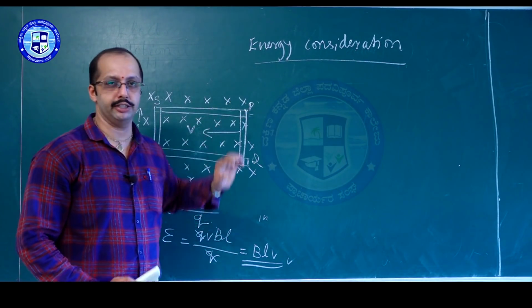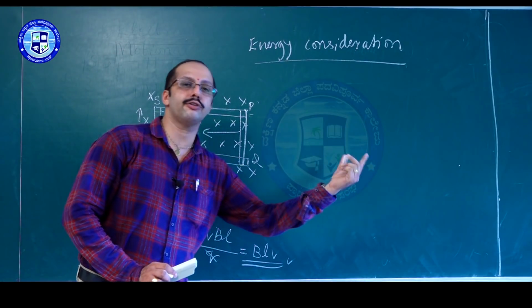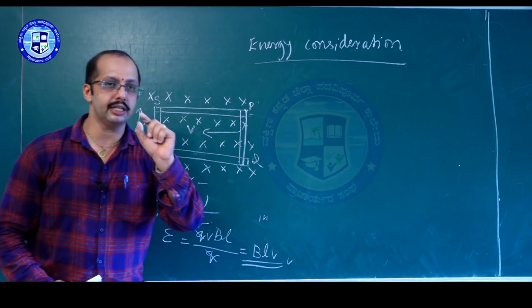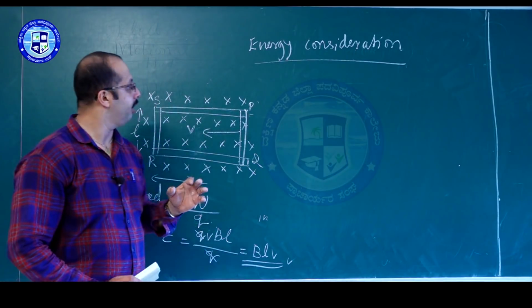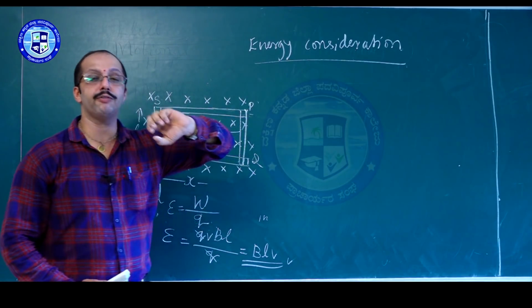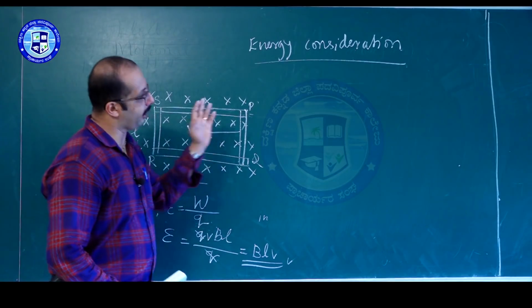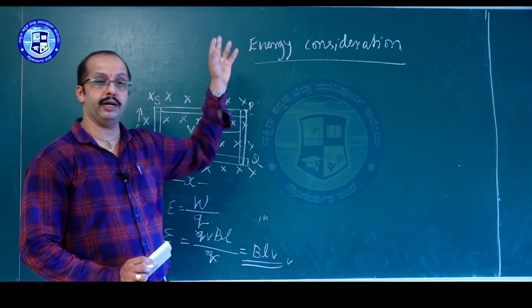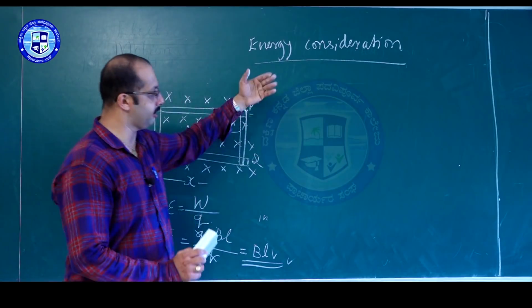That is the statement of Lenz's law, and we also explain Lenz's law by considering the coil magnet experiment. Here the energy consideration, the law of conservation of energy, is explained. It can also be explained using the coil magnet experiment, which I will tell you later.